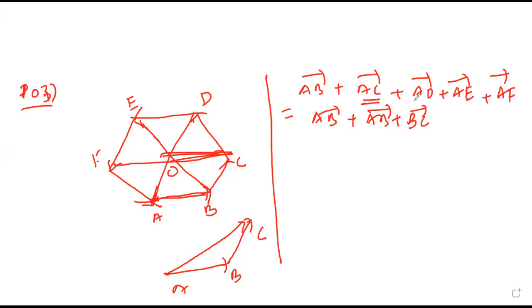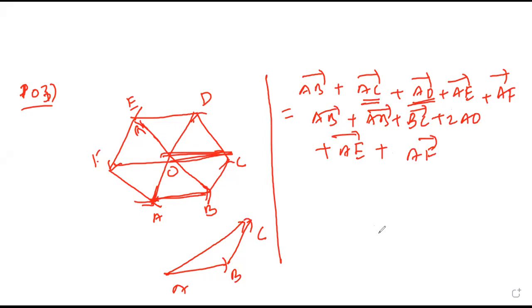So A to D will be double of AO. This is common sense. Plus AE. Where is A? This is A. AE bar plus AF bar. I write this much first. Any doubt till here?